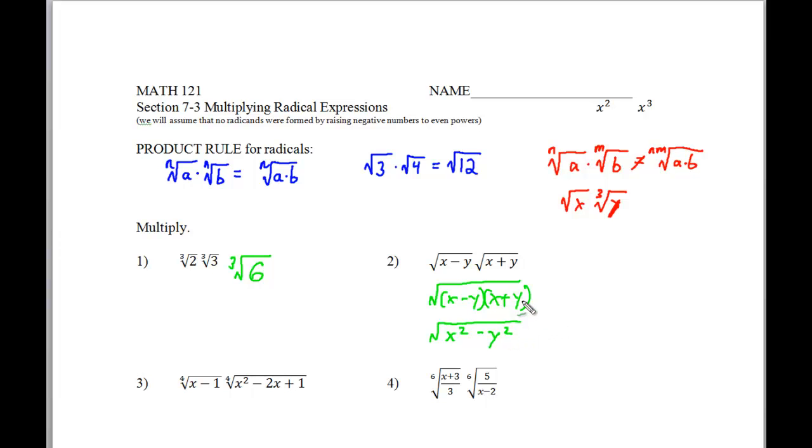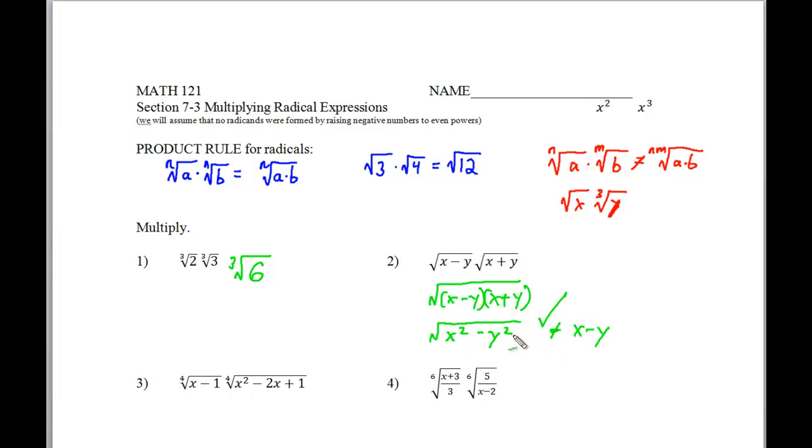Now, here's an interesting note of problem 2. We are done with the problem at that part. A common mistake is people will say, oh wow, these both have little squares by them, but since this is a binomial, we cannot just take the square root of this and have this as x minus y. So this is not equal to x minus y.